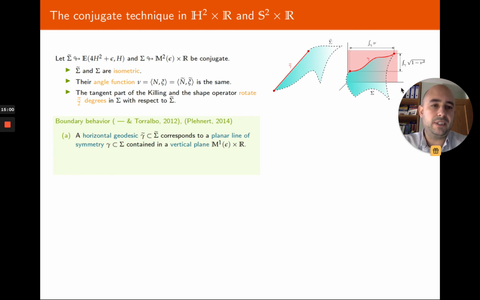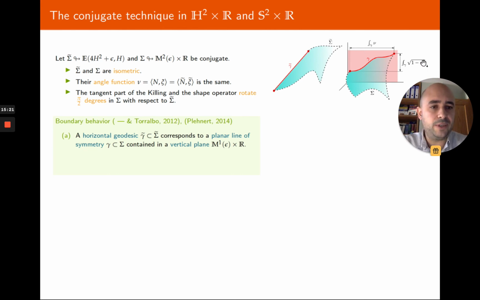Also here, I have highlighted that the horizontal projection has length the integral of the angle function, and the vertical projection has length the integral of the square root of 1 minus the angle function squared.